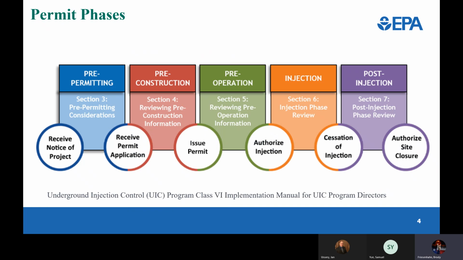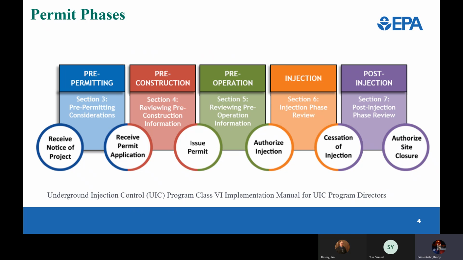So what are the phases of a Class 6 permit? It starts off with the pre-permitting phase, which begins when we receive notice of a project. Then it moves into the pre-construction phase, when we receive an actual permit application and begin reviewing it.